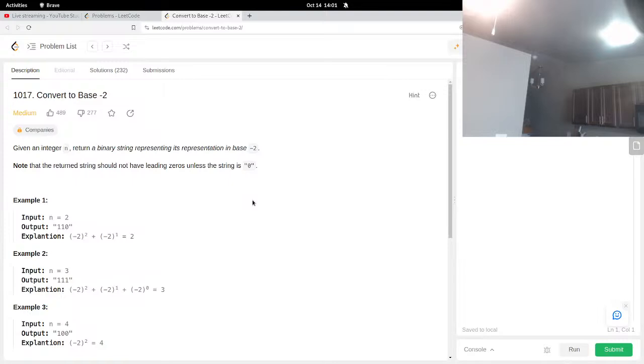I actually end up with 2 times negative 2 cubed plus negative 2 to the first plus negative 2 to the 0th.